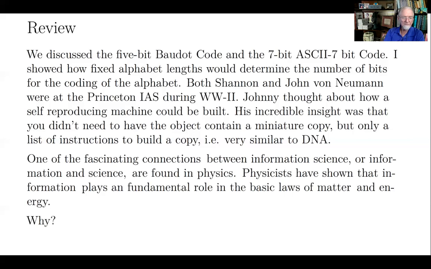So one of the fascinating connections between information science and physics: physicists have shown that information plays a fundamental role in the basic laws of matter and energy.